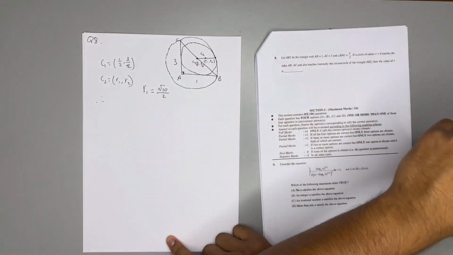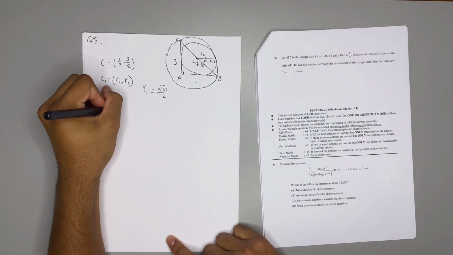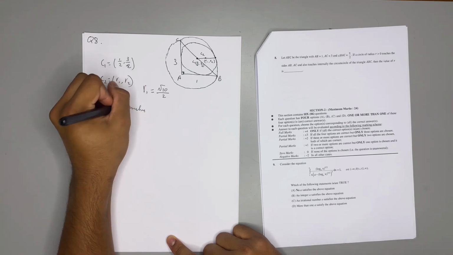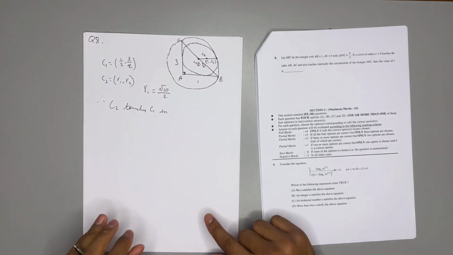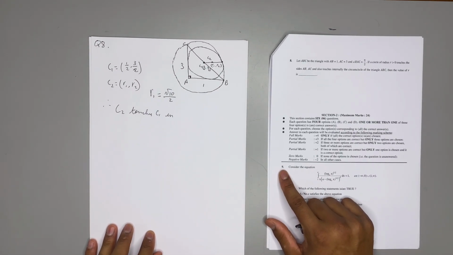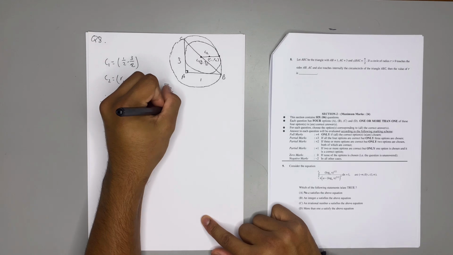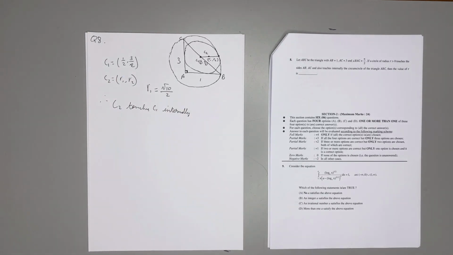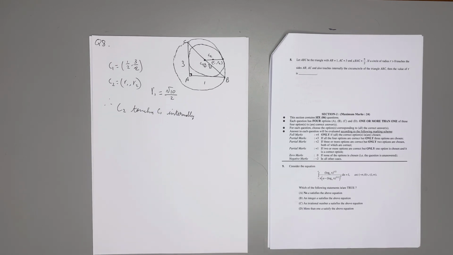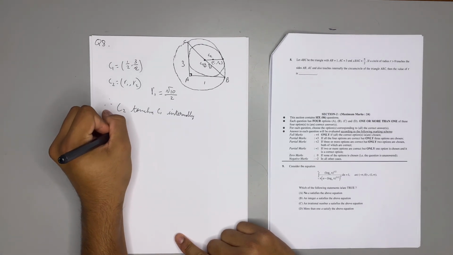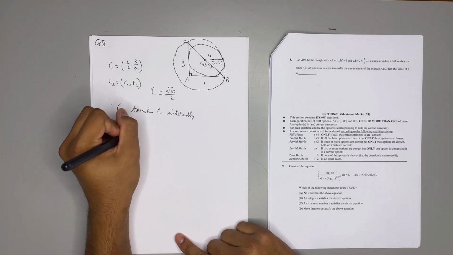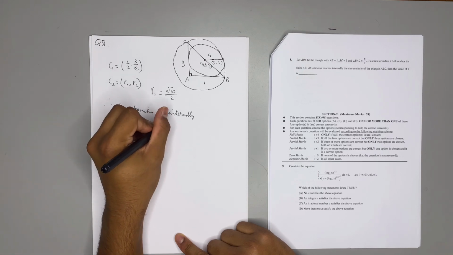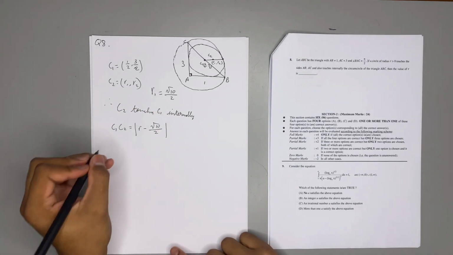It's told us that C2 touches C1 internally. Hence, C1C2 equals the magnitude of R minus root 10 upon 2. Correct?